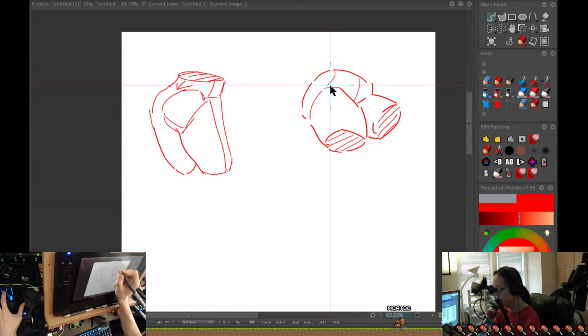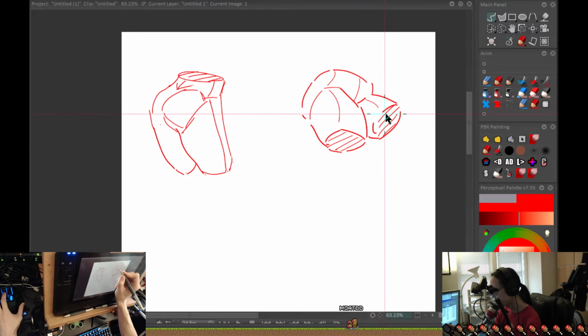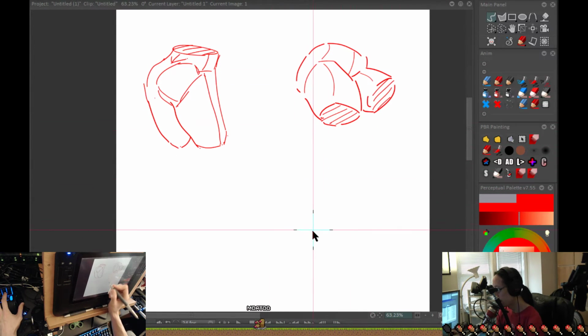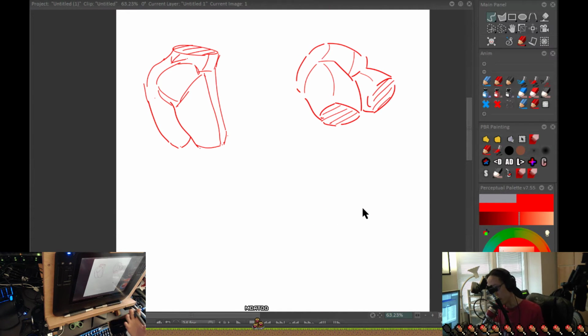I'm not just pulling this stuff out of my ass or out of her ass. And that's the thing about the pelvis: I don't have an intimate knowledge of the pelvis bones or any of those things. I just have a good idea of the Tetris breakdown, and then I add in just a little bit of extra forms on it just to bulge it out and make it look proper.